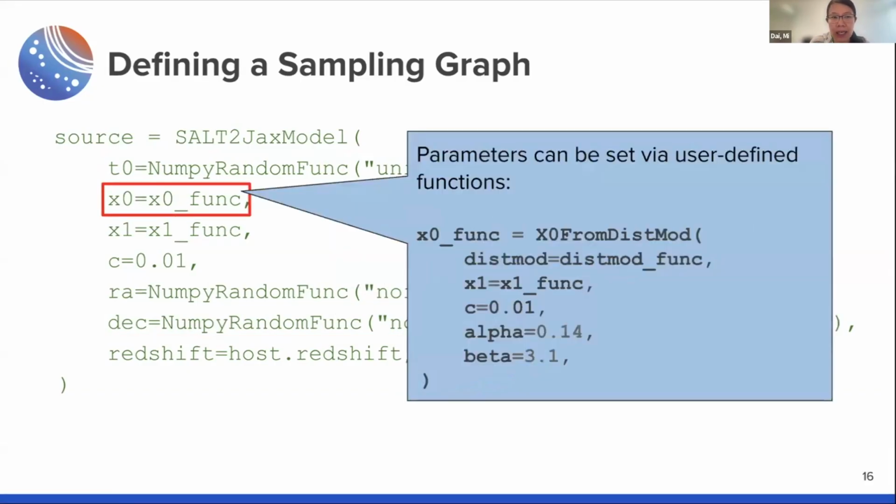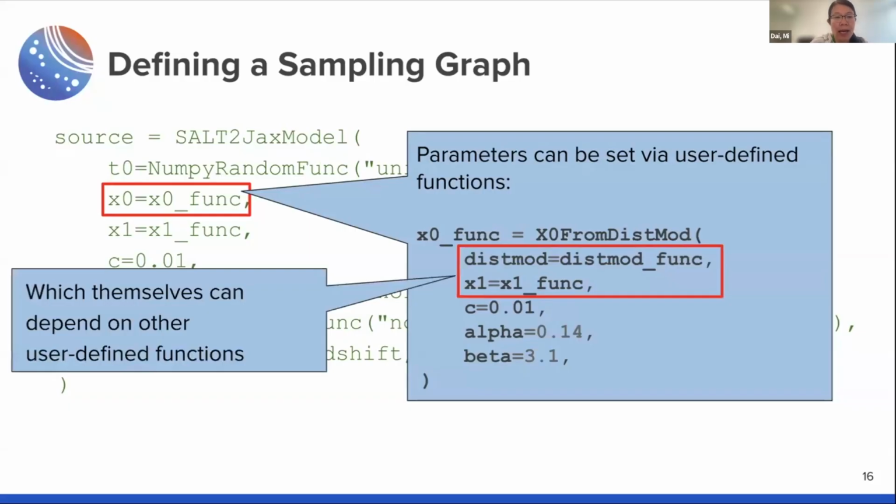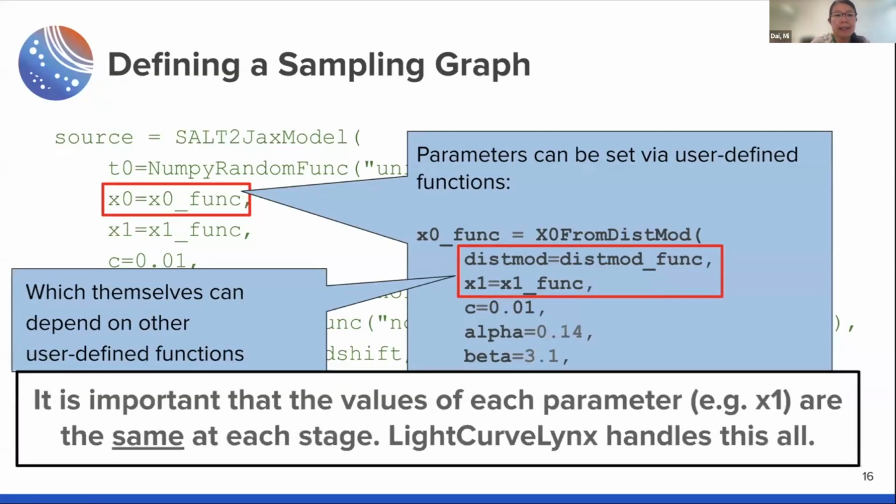We can also define a parameter as a function, with the function also depending on other user-defined functions. This way, you basically chain your parameters the way you would when drawing a diagram that represents how your parameters are related. It is very important that the values of each parameter are the same at each stage, and this is all handled by LightCurveLynx internally.